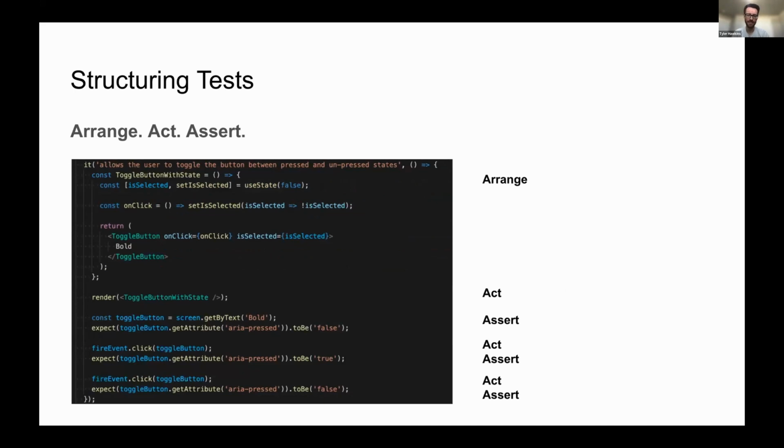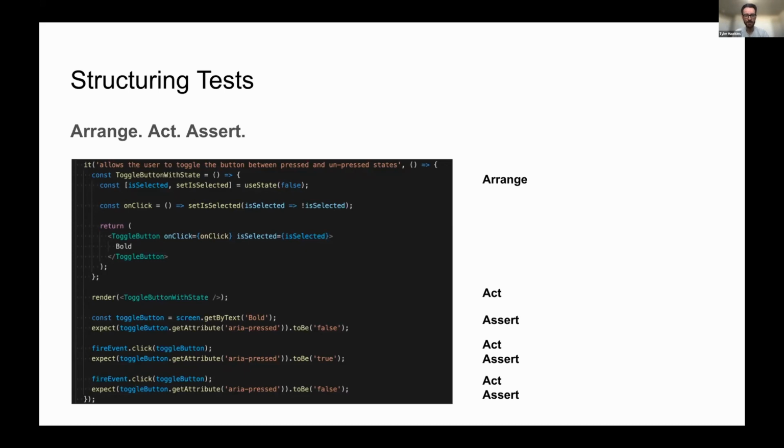So you can see in this example, we have another React component test. This test says it allows the user to toggle the button between pressed and unpressed states. In this one, we do our arranging on those first 8 or 9 lines of code. So we have created this component that we can toggle on and off of this toggle button state.